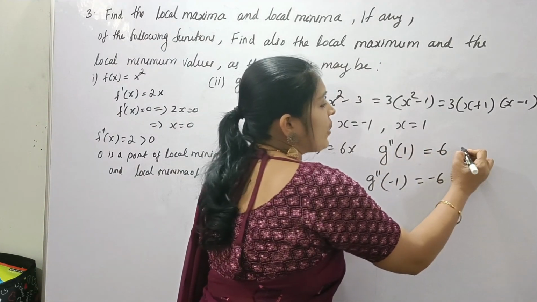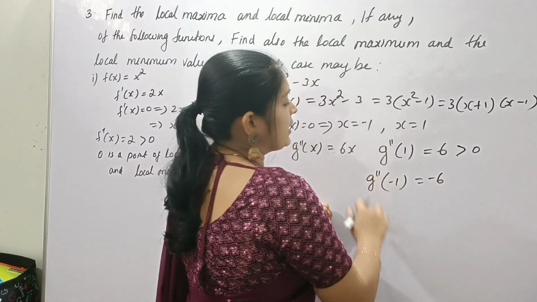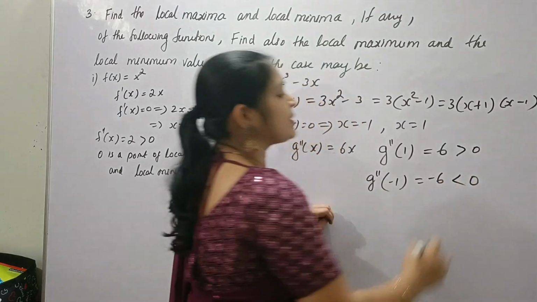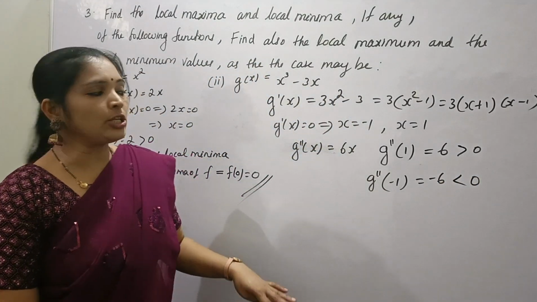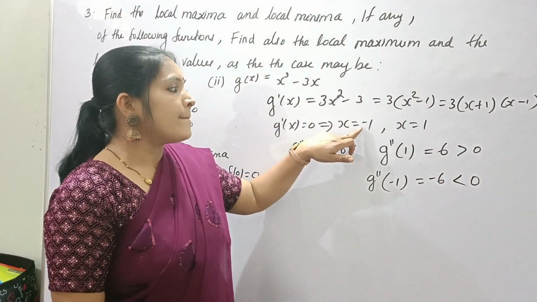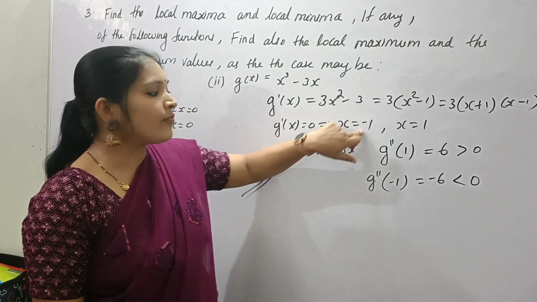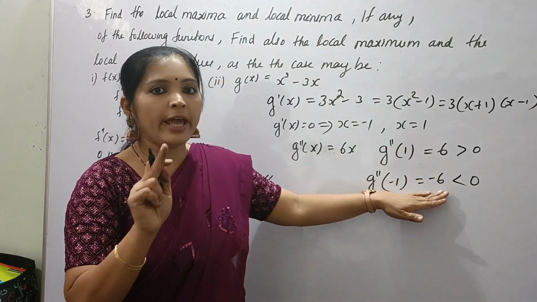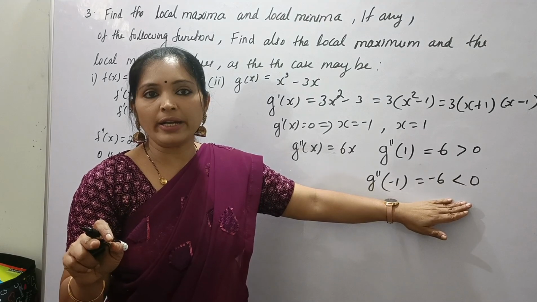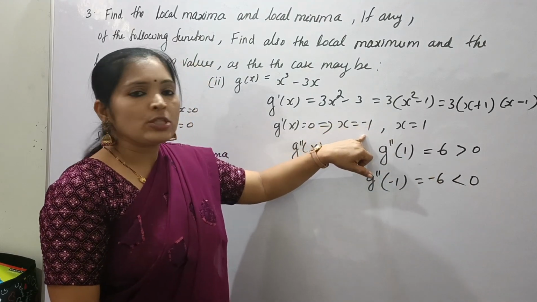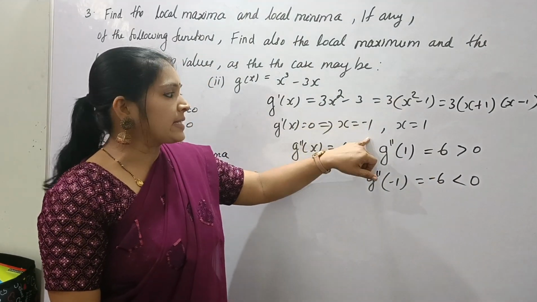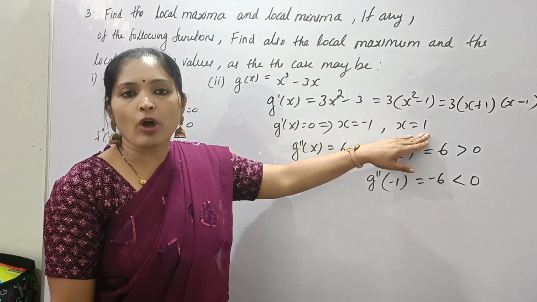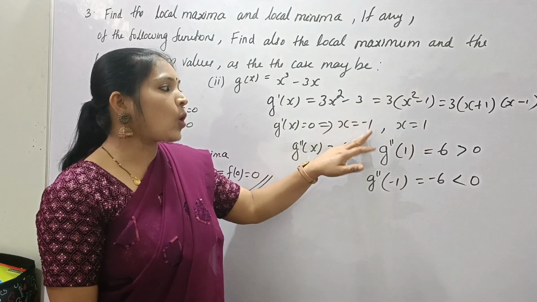So g double dash of 1 is greater than 0 and g double dash of minus 1 is less than 0. So by the second derivative test, minus 1 is a point of local maxima, because here g double dash of c is less than 0.